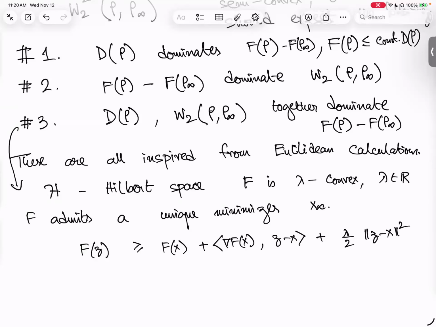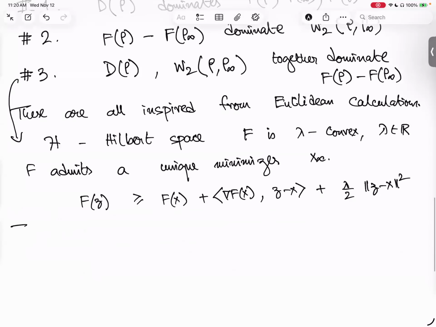If lambda is positive, then this gives me a bound on the gap between the curve and the tangential approximation. If lambda is negative, it does the same thing. It's just that the gap shrinks. Okay, now this is true for all z.